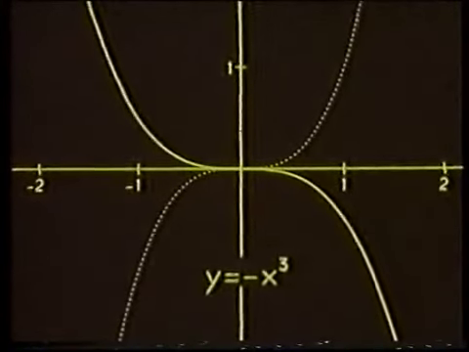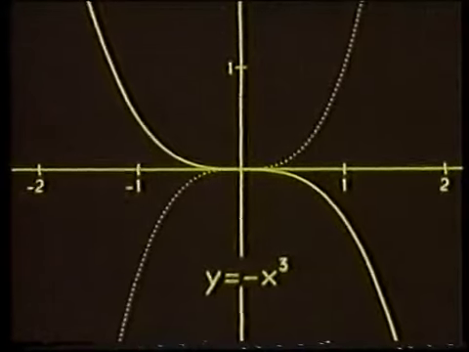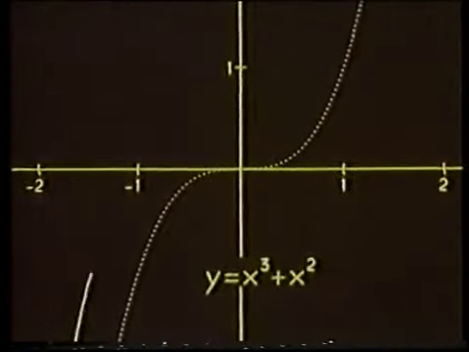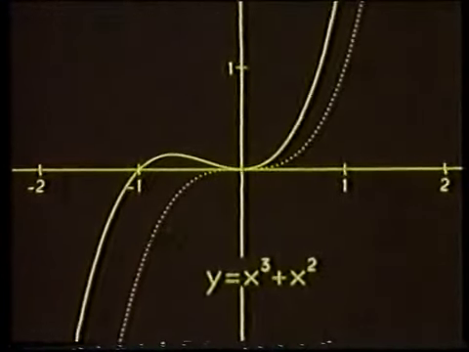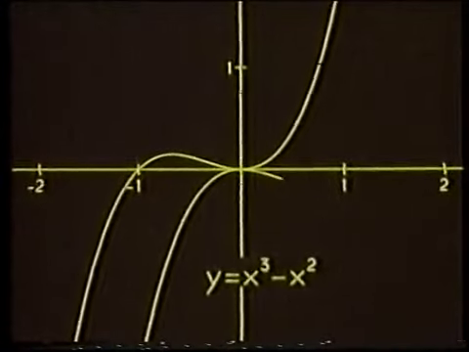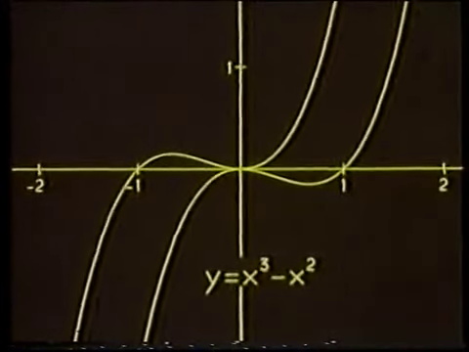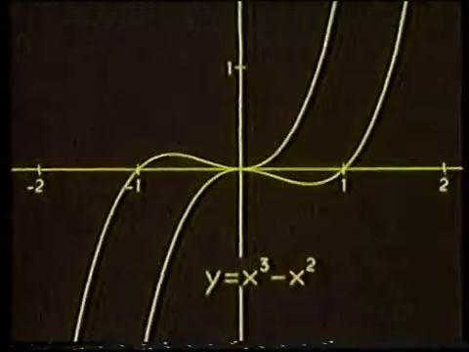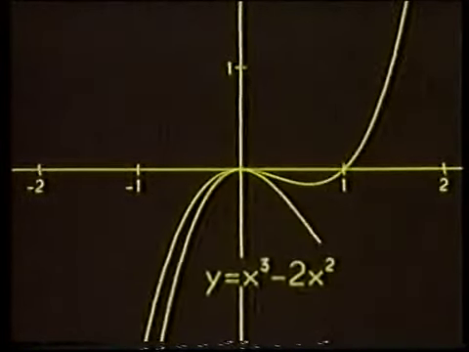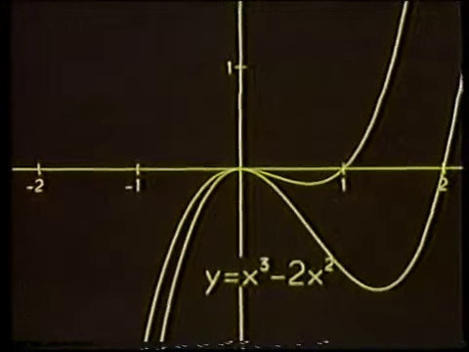A negative coefficient reflects the graph. Now introduce an x squared term. Subtracting x squared, the graph develops a peak and a trough. A larger coefficient increases the size of the peak and trough.